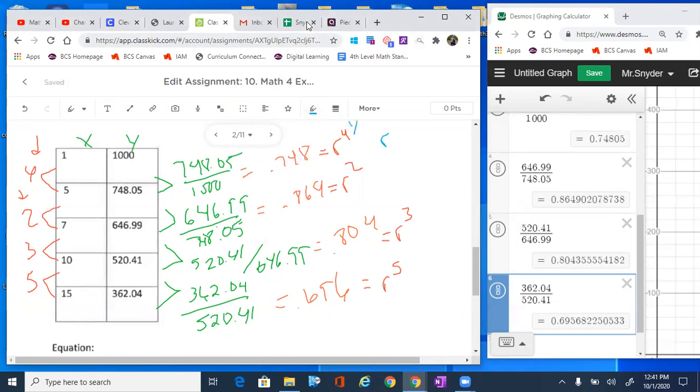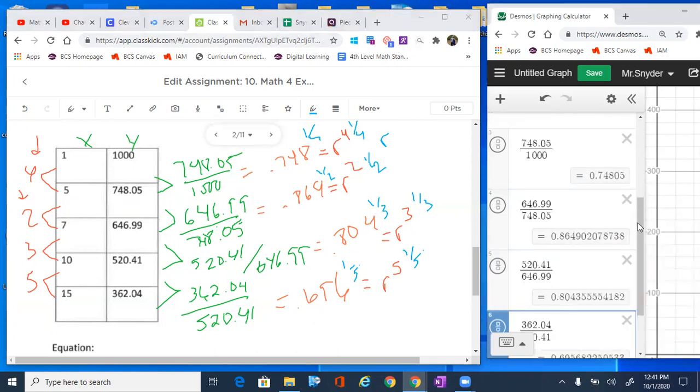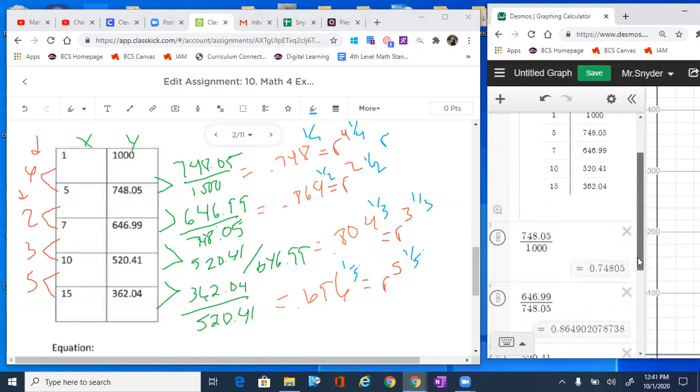So what we do is we put 1/4 in here. This is 2, so I put 1/2. This is 3, so I put 1/3. And then I put 1/5. I just put those to the opposite, or the reciprocal, of that size gap. So let's go up to the first one and type a few of these in and see what happens.